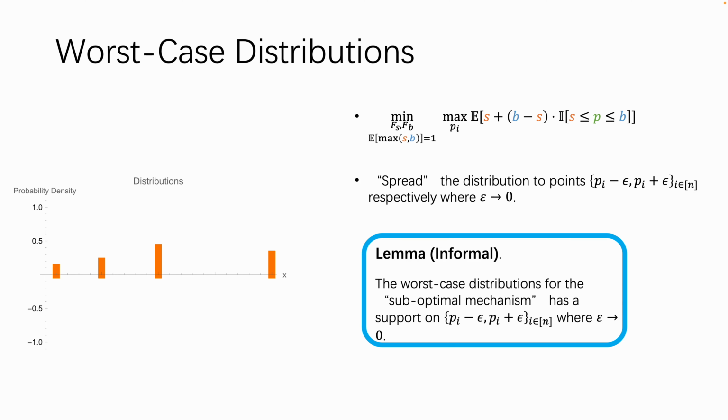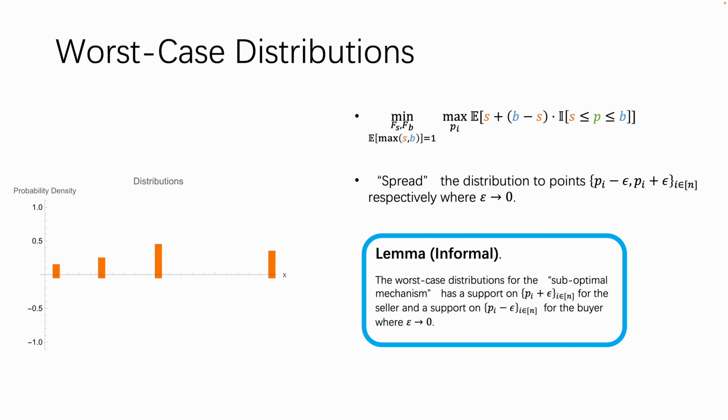Therefore, such properties mean that the worst case distributions for our suboptimal mechanism, which only finds the best price among n candidates, are actually discretized distributions that only have probability mass on pi minus epsilon and pi plus epsilon.